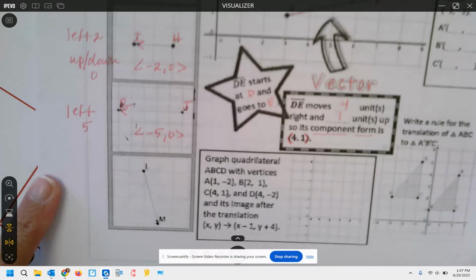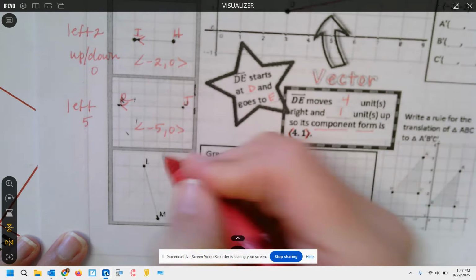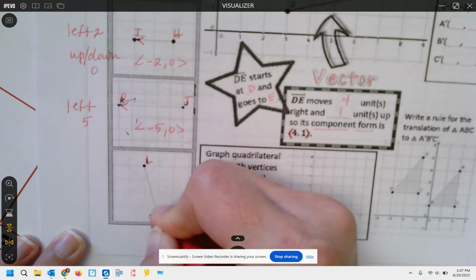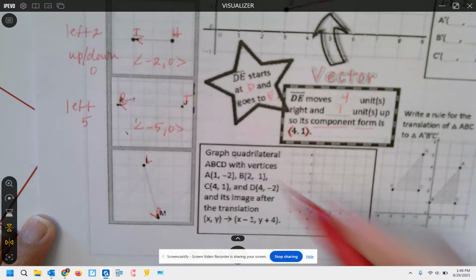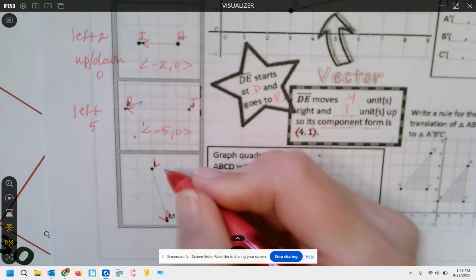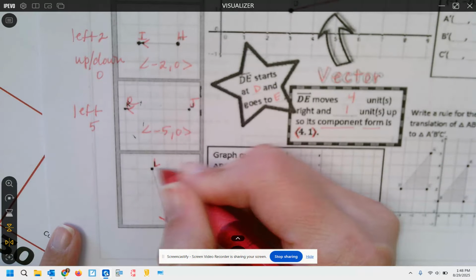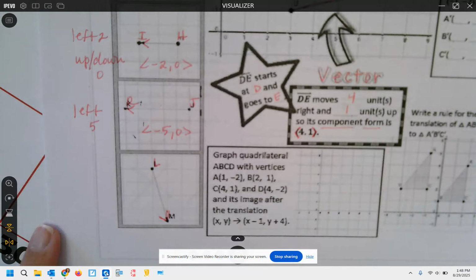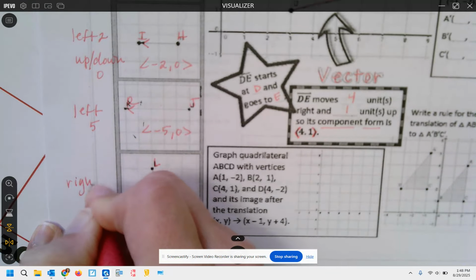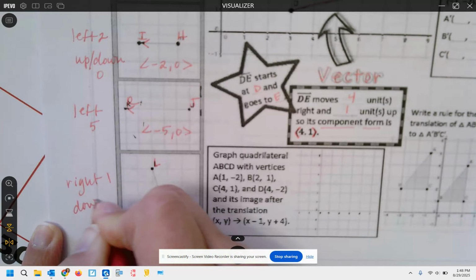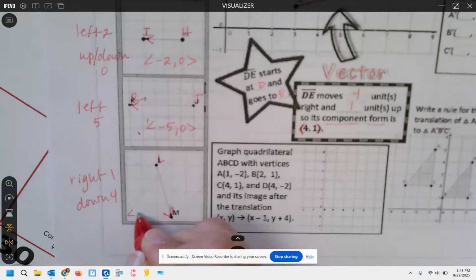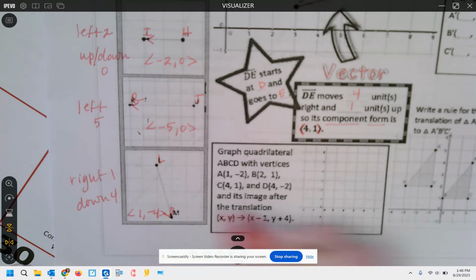And the last one, here we have point L and point M, and the arrow is pointing from L to M. So horizontally, to get from L to M, we're going right 1, and then vertically 1, 2, 3, 4, down 4. So right 1, down 4 in component form would be +1, -4.